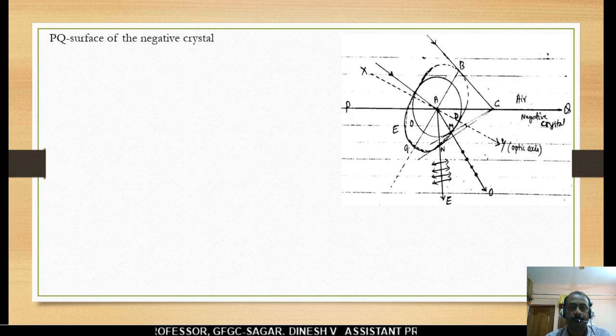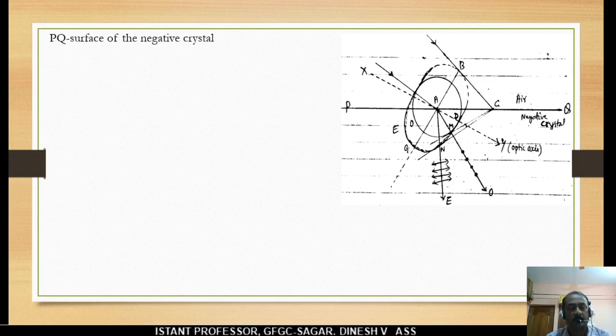See here in this diagram, let PQ be the surface of the negative crystal. Negative crystal means, as we already discussed in the previous video, the refractive index of the ordinary ray is greater than the refractive index of the extraordinary ray, so the velocity of the ordinary ray is less than the velocity of the extraordinary ray.